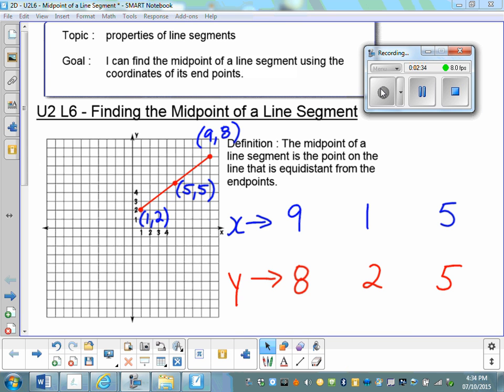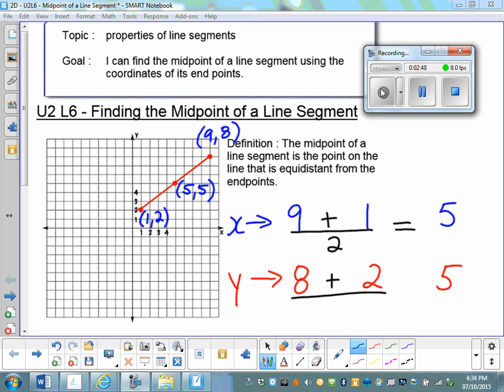Well, watch what happens here. If I add these two coordinates from the endpoint together and I divide that by 2, I get the midpoint value. And if I add the 8 and the 2, the y values from the two endpoints, and I divide those by 2, I get that midpoint of 5.